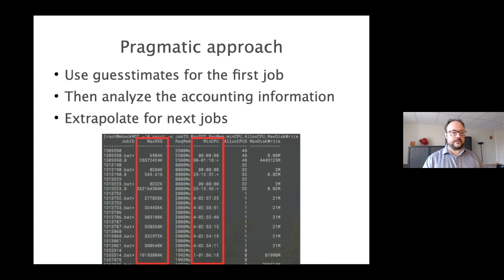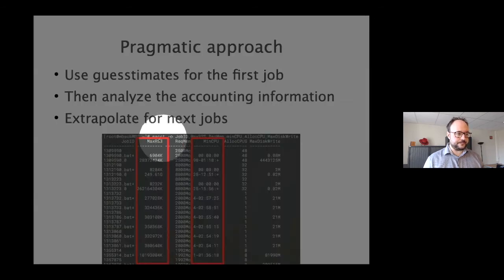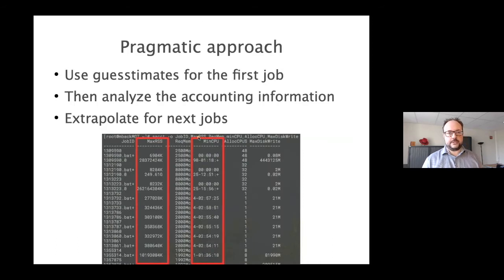So what you can do is submit a job with large values and then analyze the accounting information with sacct. Here I show the command, and I specify the columns JobID and MaxRSS, which is the maximum resident set size in memory. This is basically the amount of memory that your job has been using, and it's a maximum over all tasks. Then you have MinCPU that you can use to have an idea of how long it has been running.